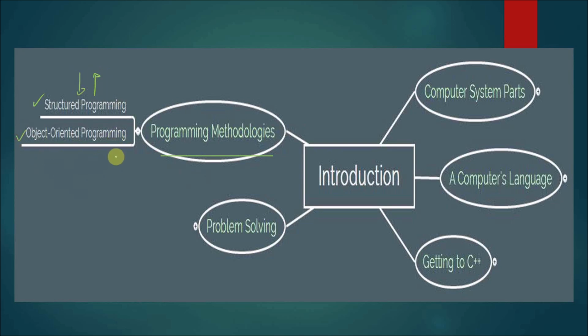In object-oriented programming, of which C++ is an example, object-oriented design, OOD, is the first step in the problem-solving process, which is to identify the components called the objects which form the basis of the solution and determine how these objects interact with one another.